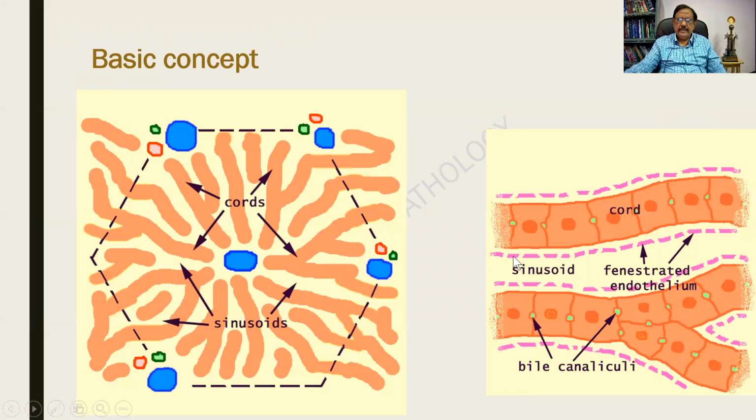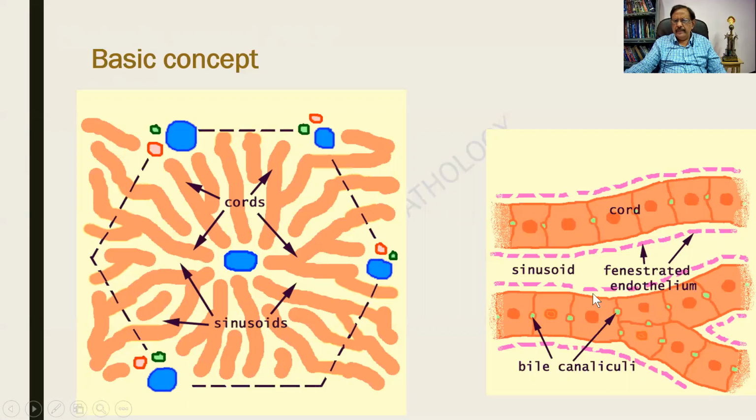This again is a very basic concept which I would like you to appreciate repeatedly. The central vein, radiating cords of the hepatocytes, the sinusoidal spaces in between, and the portal triad at the alternate angles. And this is a hexagonal outline of the liver lobule.